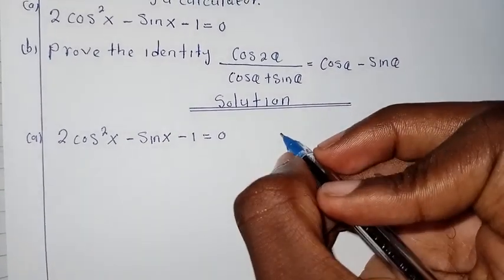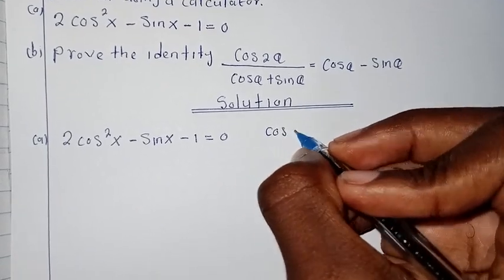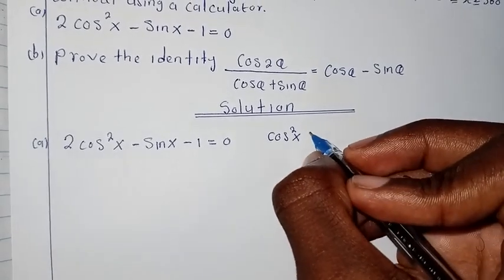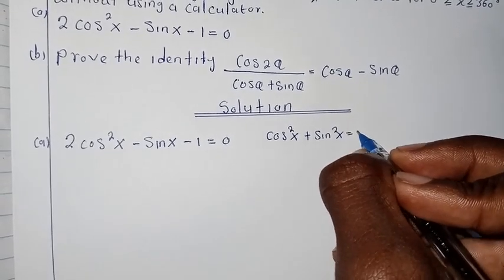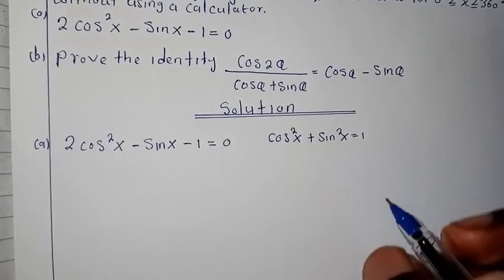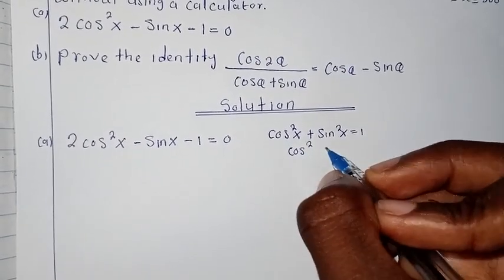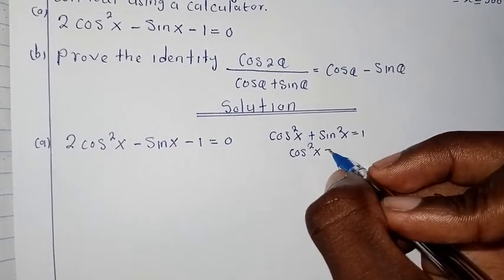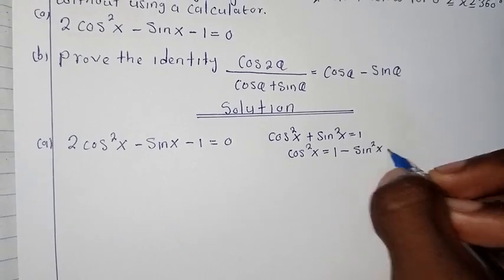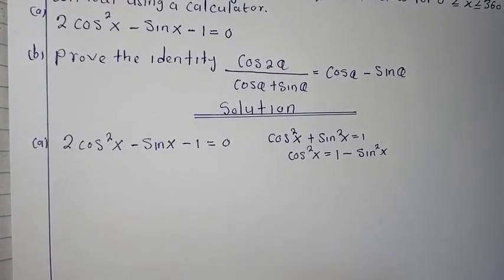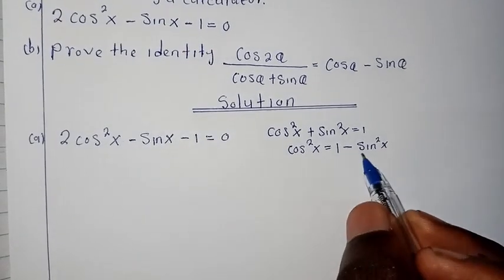We know that there is a trig identity which states that cosine squared x plus sine squared x must be equivalent to 1, which simply means that if we make cosine squared x the subject, we're going to remain with 1 minus sine squared x. Meaning we can replace cosine squared x with this expression.